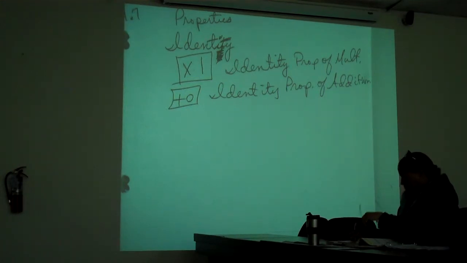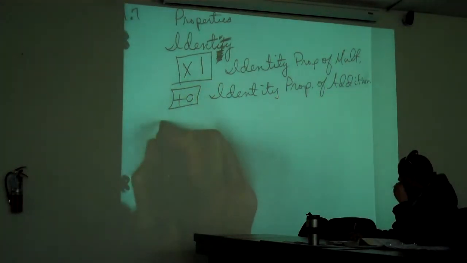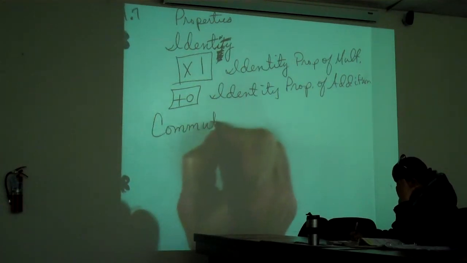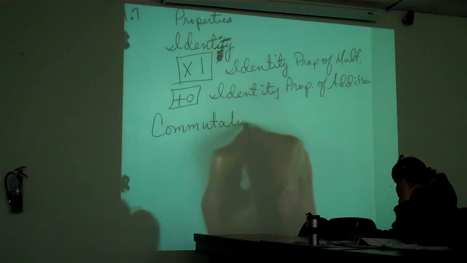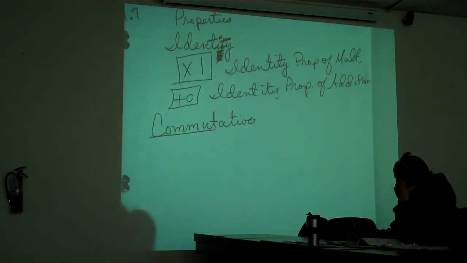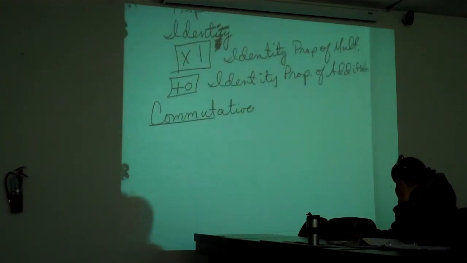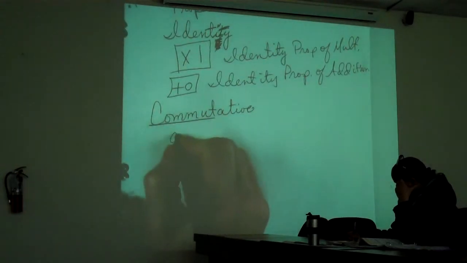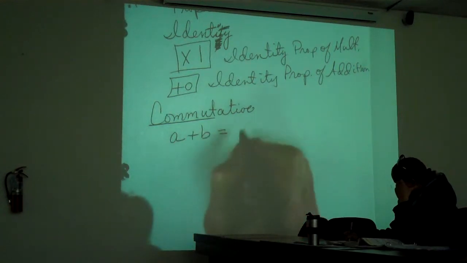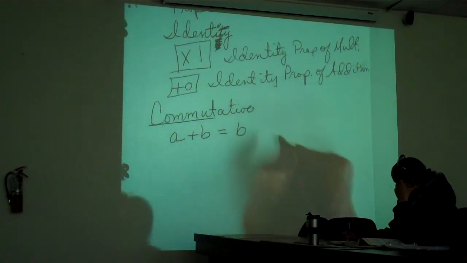Okay, think of that for the commutative. C-O-M-M-U-T-A-T-I-V-E. Commutative. Commuting. If somebody commutes from Albuquerque to Bernalillo, they're traveling as far as somebody commuting from Bernalillo to Albuquerque.